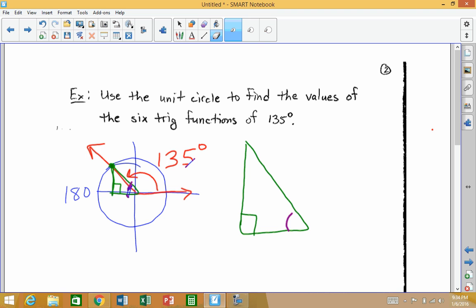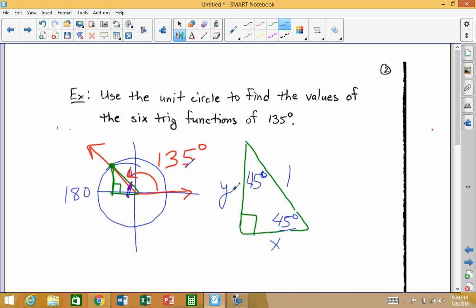So this angle right here would be 45 degrees, which makes this angle 45 degrees. If we know that this distance here, the hypotenuse, is 1, then we should be able to figure out what x and y are.